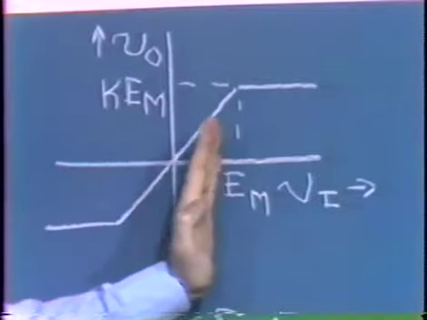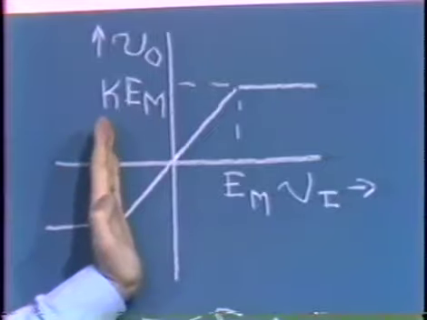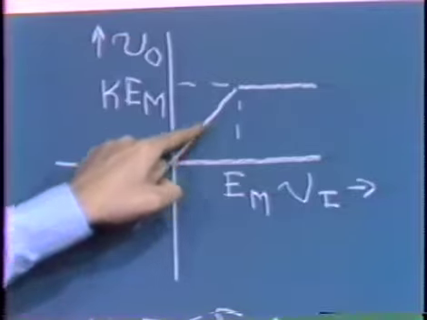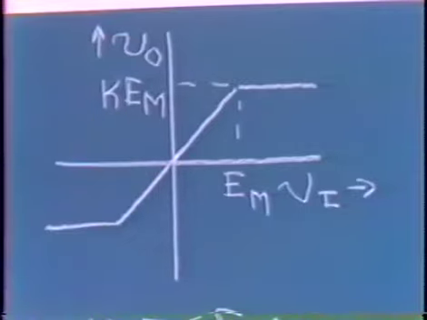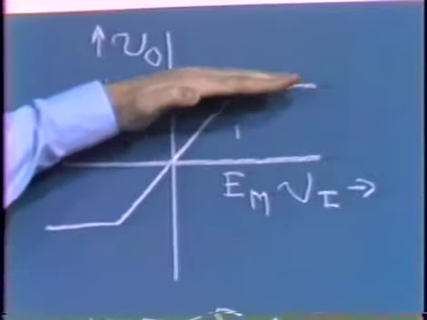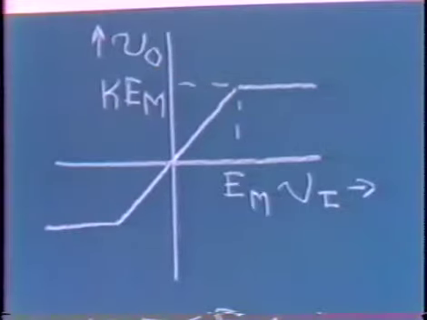So as long as our input signal, we assume that characteristics are symmetrical, lies between here and here, the slope of the input to output transfer characteristic is constant and has a value of k. However, once the input signal exceeds E sub m, the input to output transfer characteristics flatten out and have 0 slope.